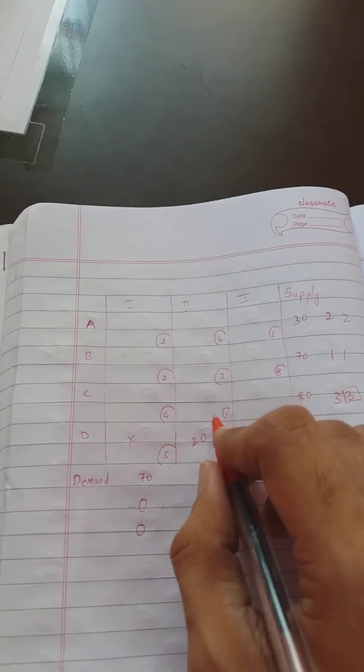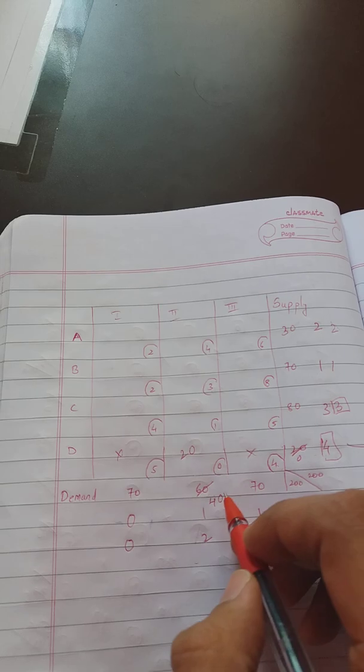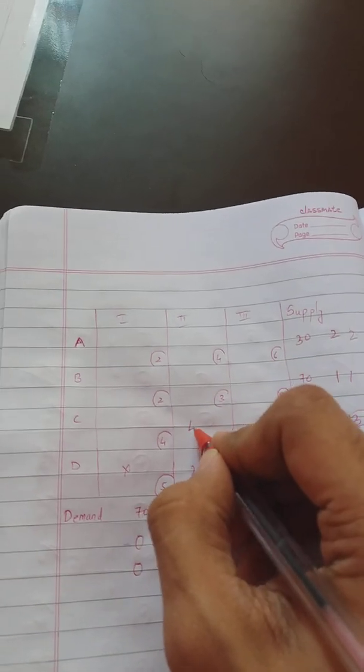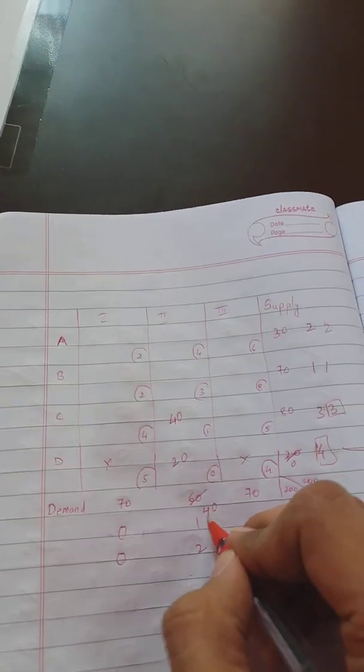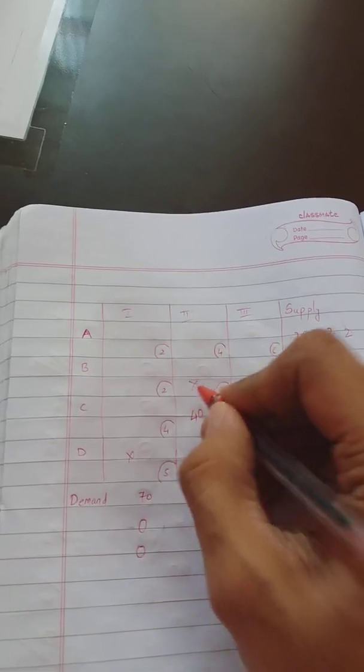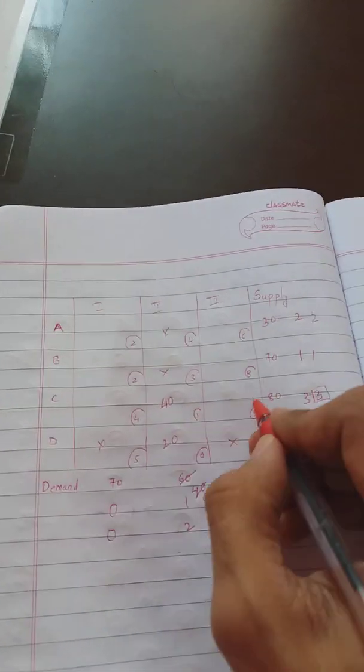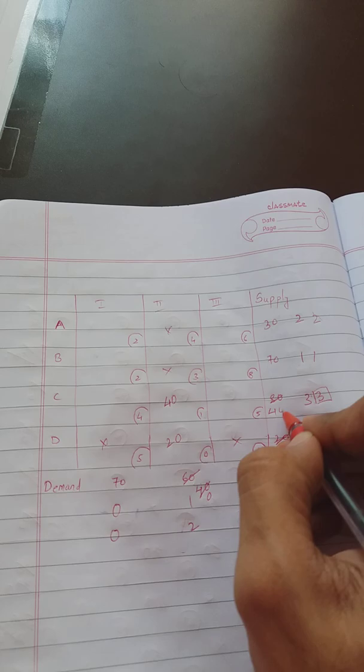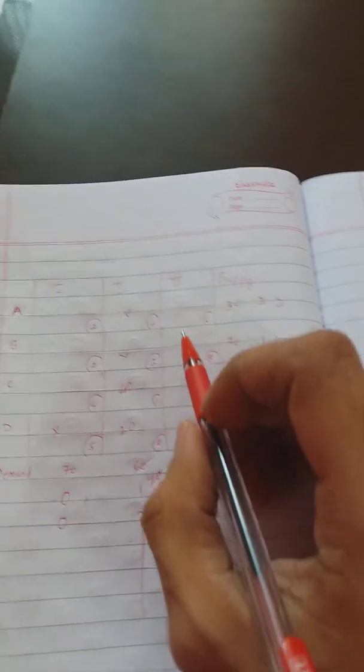Go in the row, check for the least cost. Here 80 and 40, so you give 40. Once you give 40 this becomes 0, gone. Since you've given 40, this becomes 40 and this is gone. Now calculate the next set of penalties.